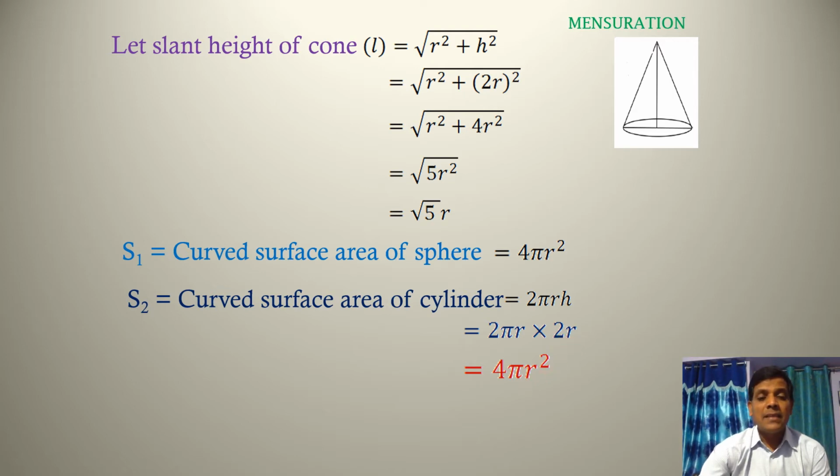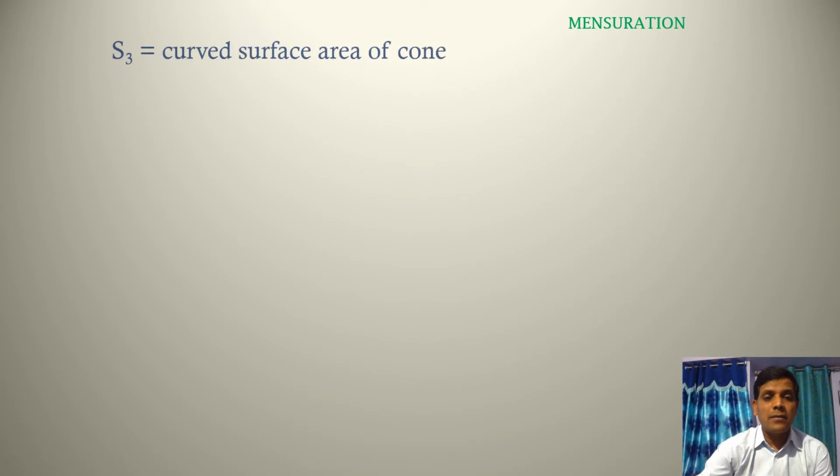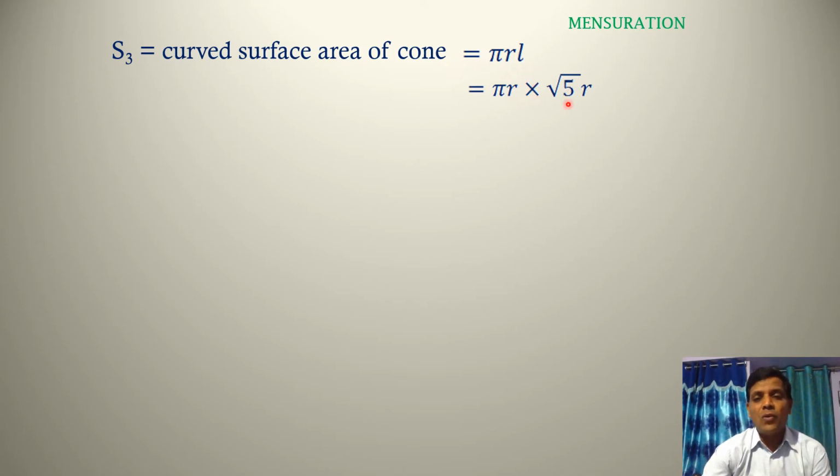This is the curved surface area of the cylinder. Next one, S3, curved surface area of cone. So CSA of the cone equals pi r l. Here l value is root 5 into r.